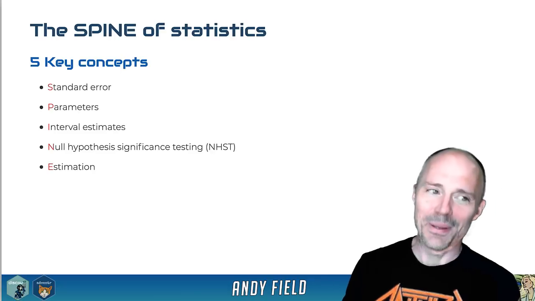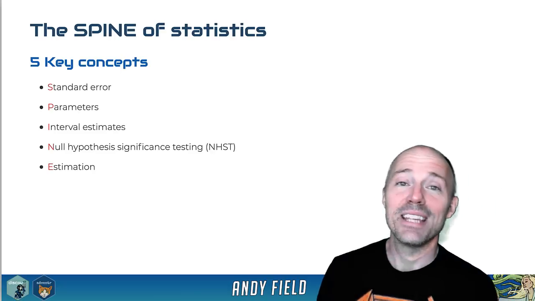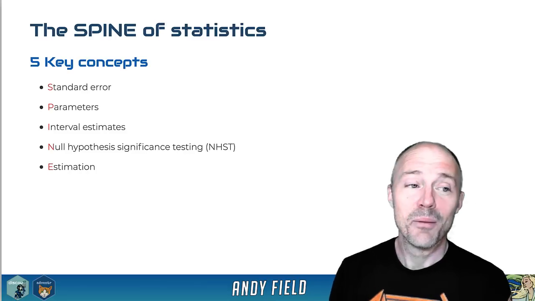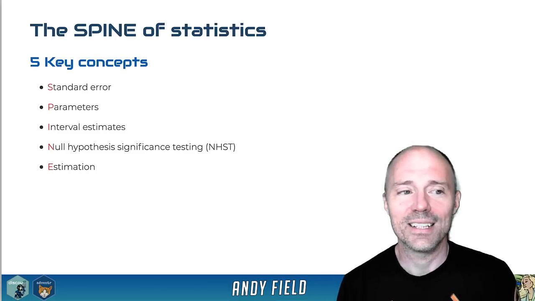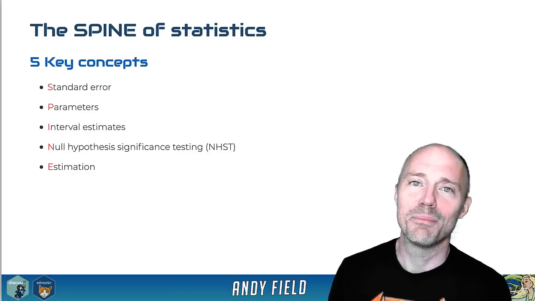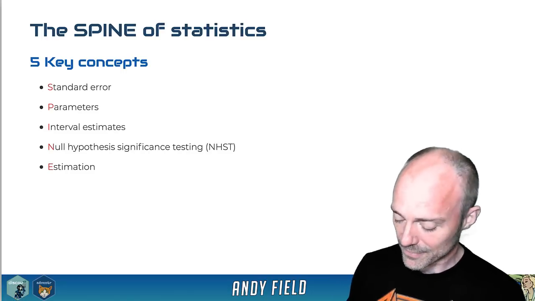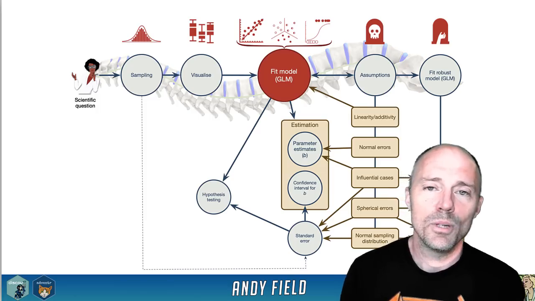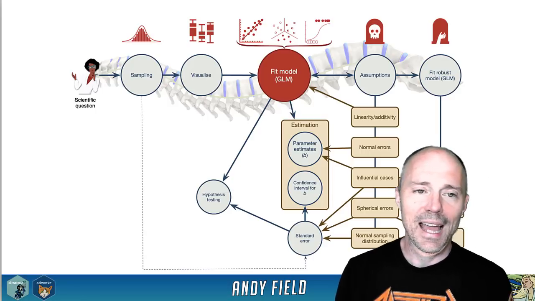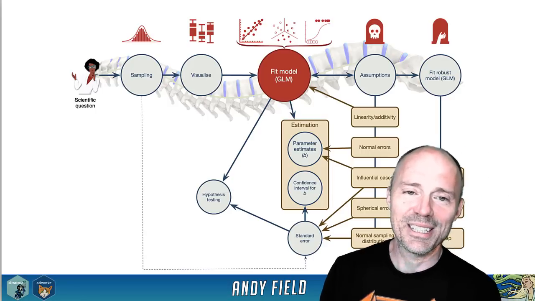They also happen to, if you rearrange the letters, have the acronym PENUS. But on balance, I decided to use the acronym SPINE. So we looked at this diagram last week, and this is our spine of statistics.